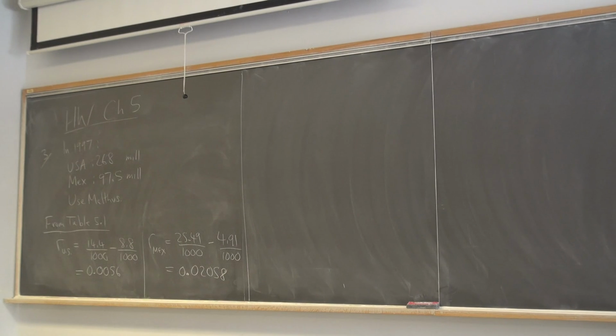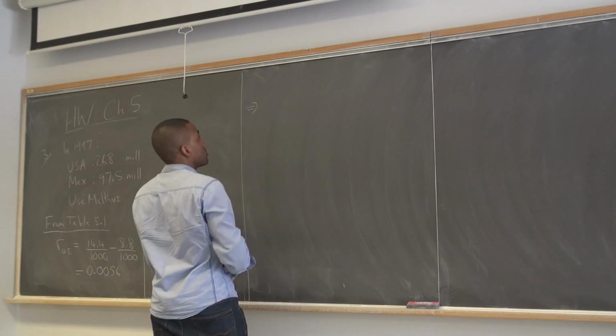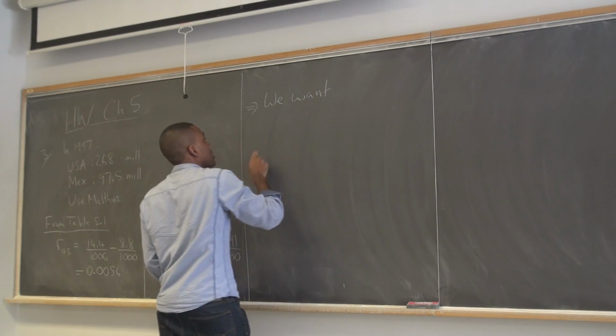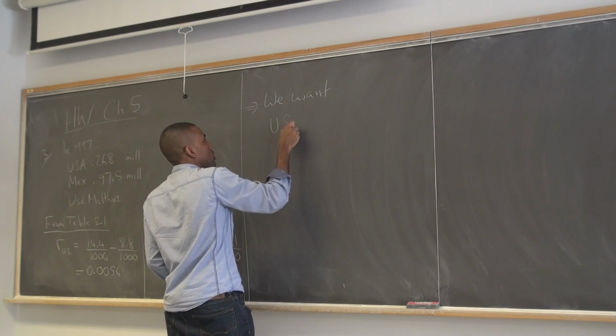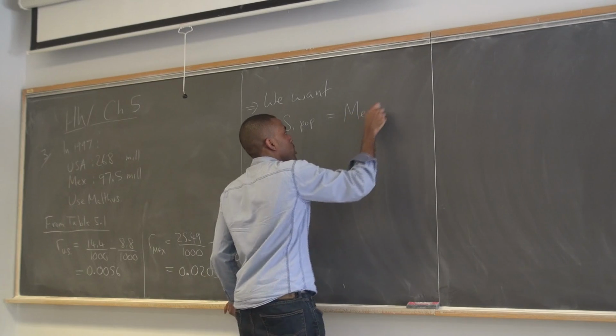Okay, so now the question is, when will the populations be equal, and what is their common size? So this means we want the US population to be equal to Mexico's population.